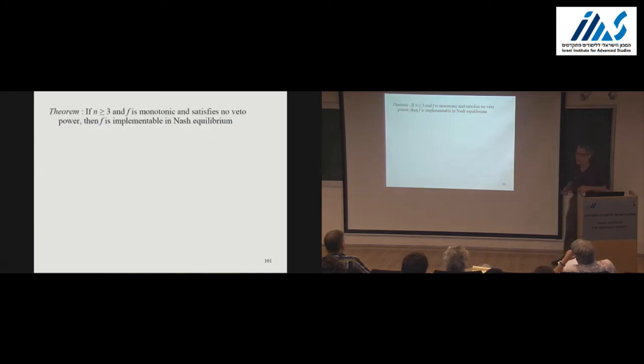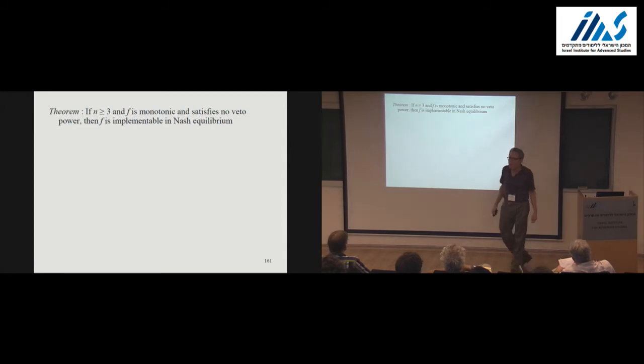So now we come to the positive result, contrasting with Gibbard and Satterthwaite. If a social choice rule is monotonic and satisfies no veto power, and if we have at least 3 people, then it's implementable in Nash equilibrium.